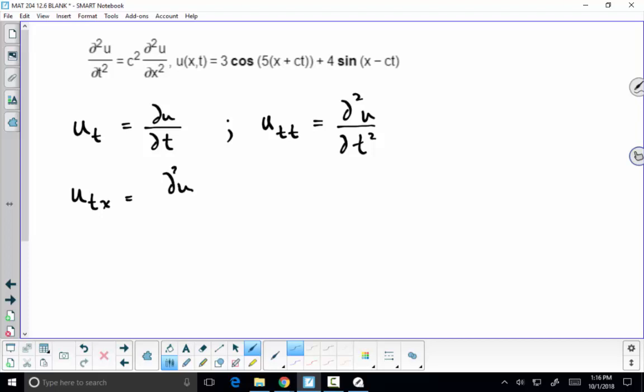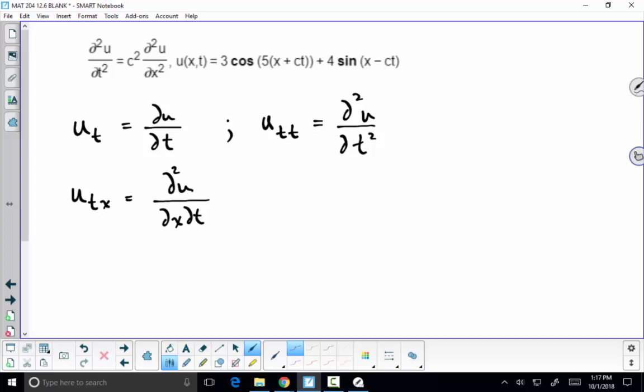We are doing a second order partial, so the numerator gets the square thingy, but we're going to do this order. With differential notation, it's going to the left in the denominator. With subscript notation, it's going to the right. So here, this says take u sub t and then partial it with respect to x.